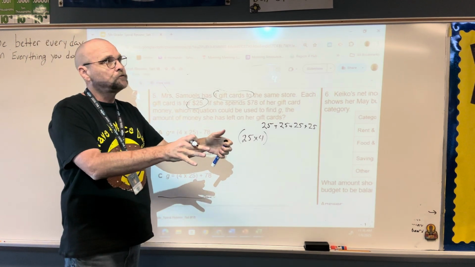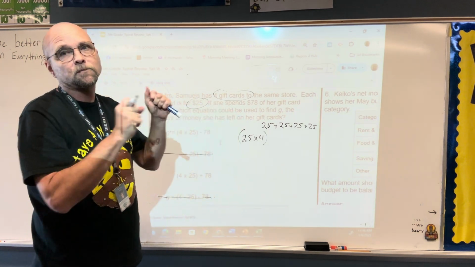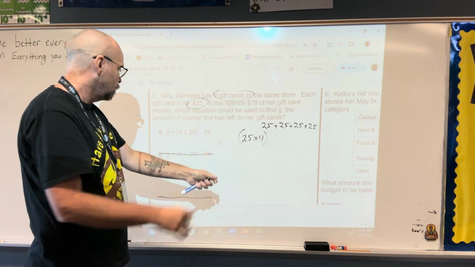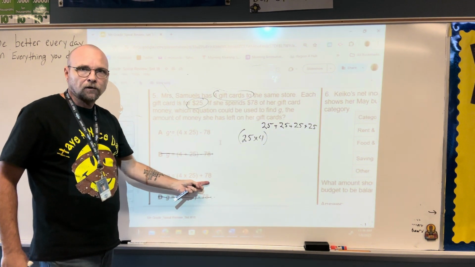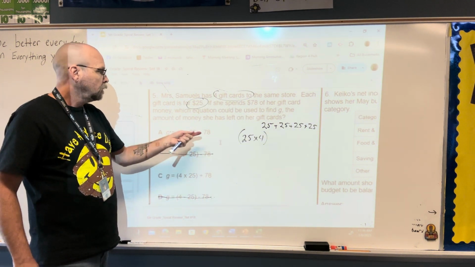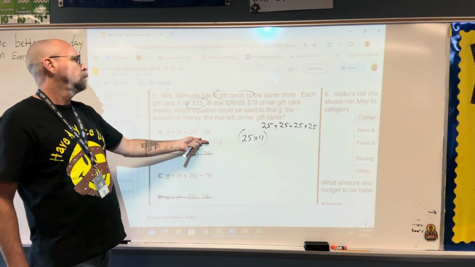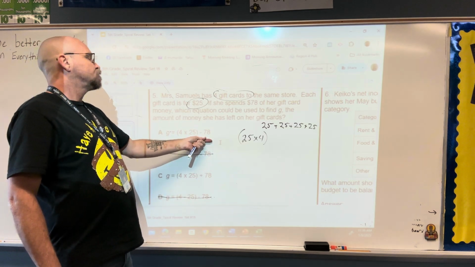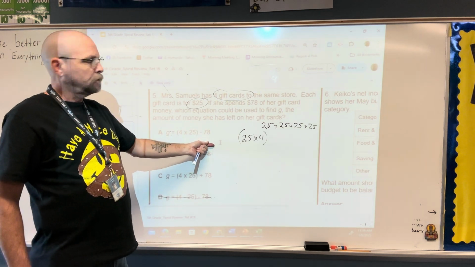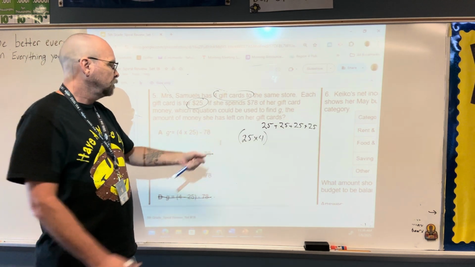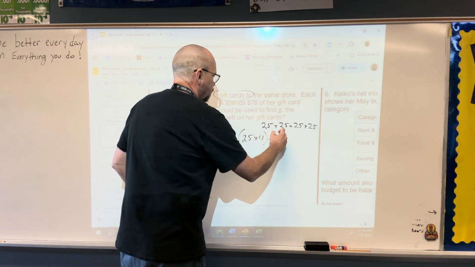Spending money means you're giving it to the store. So you're not getting $78 from the store, you're spending $78 of what you have. So it has to be subtract.